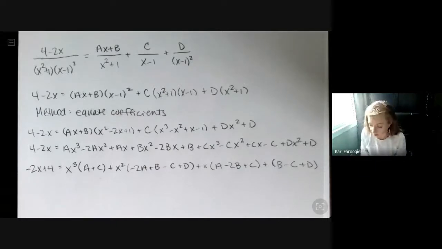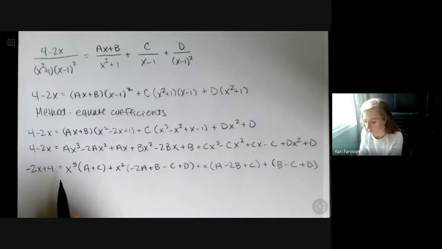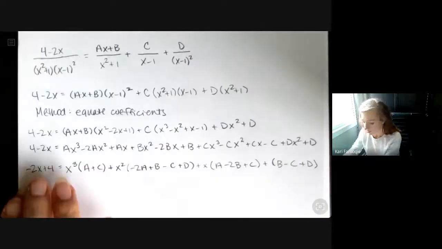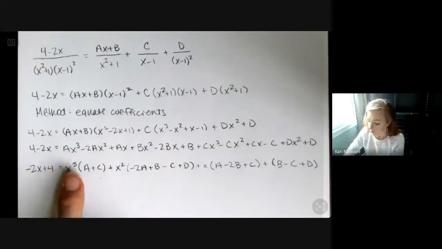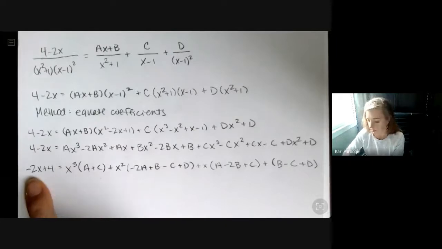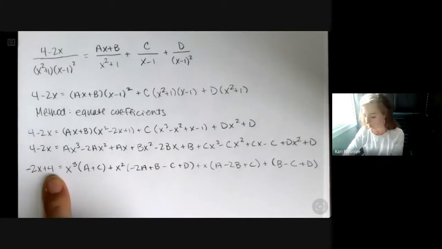All right, so now I'm going to set up a system of equations. Don't freak out. It's a system of equations equating these coefficients. So what you're going to notice is you're going to match up what you have on the right with what you have on the left. So x cubed, for instance, is on the right. You're going to look over to the left. Do you have any x cubes? No, you don't. You just have x, some sort of linear term, and then you have a constant.